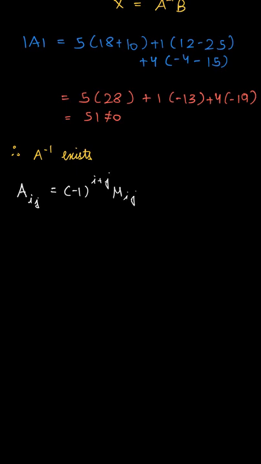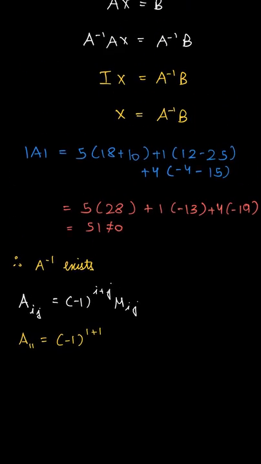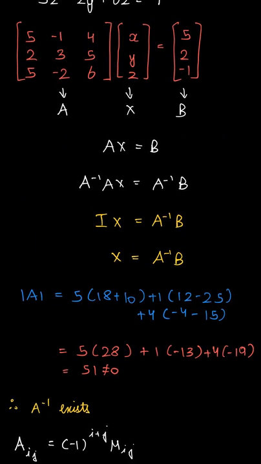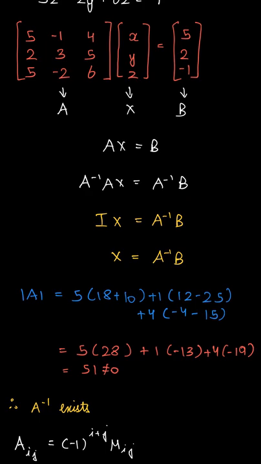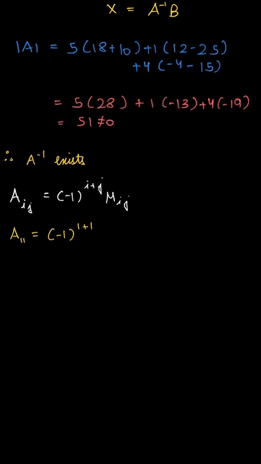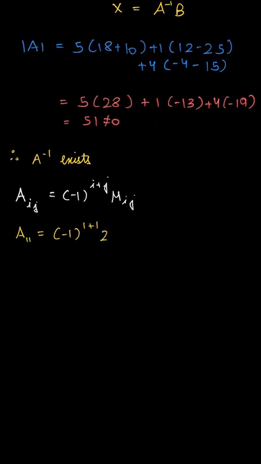Now to find A11, A11 will be equal to minus 1 to the power of 1 plus 1 multiplied by its minor. The minor of A11 will be 6 multiplied by 3, 18, then negative of 5 multiplied by minus 2, which is plus 10, and 18 plus 10 is 28. Therefore A11 is equal to 28.